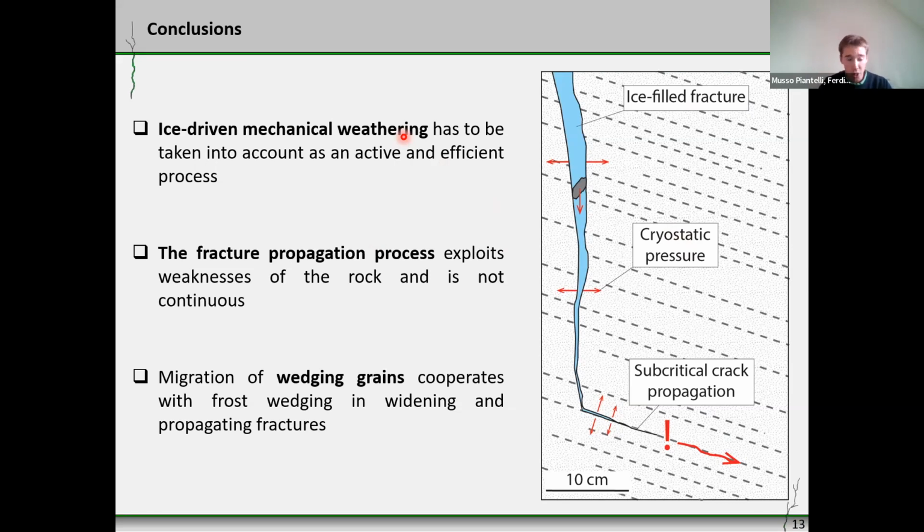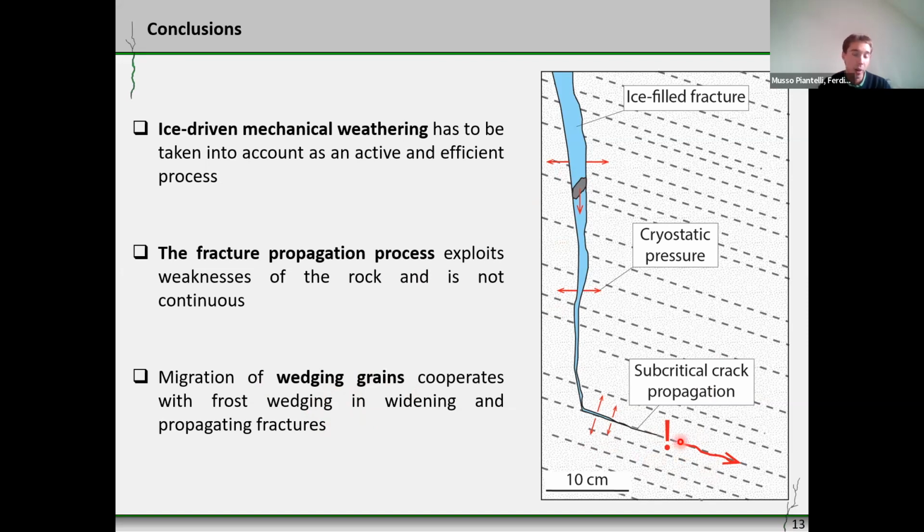The fracture propagation, as with many weathering processes, exploits the weaknesses of the rock, and you have learned what they are, from the micro scale as well. And we have other processes that might cooperate with the frost wedging itself, and that might be strongly connected to such a process, for example, the wedging grain, that might really help in propagating the fracture and breaking our intact rock bridges.